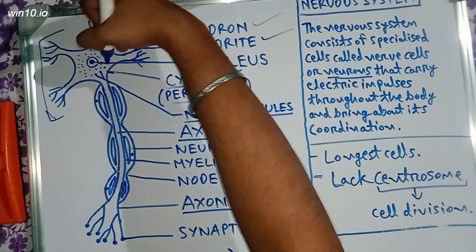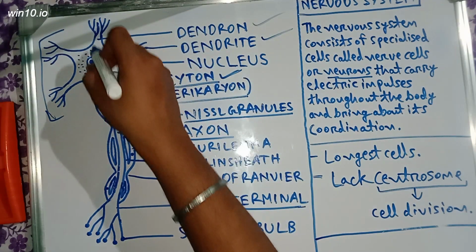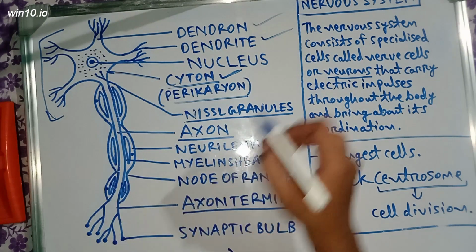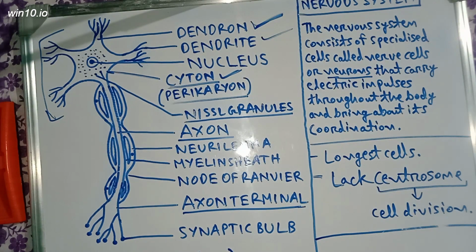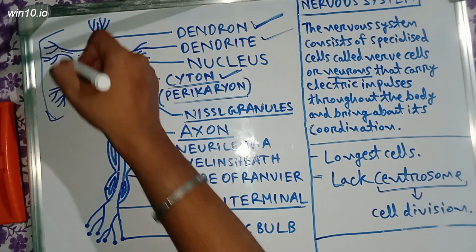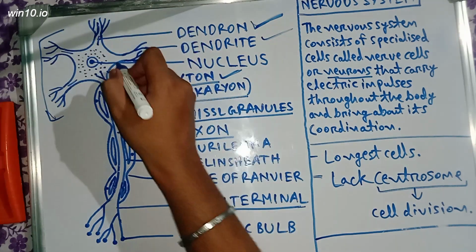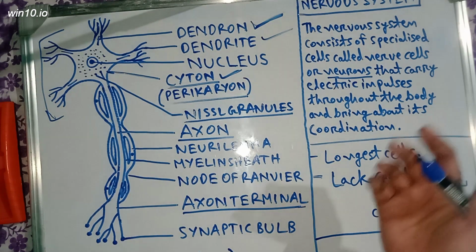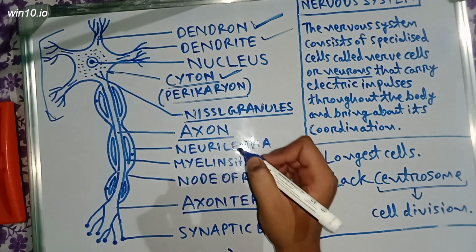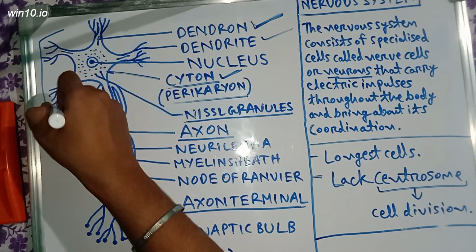From this central body, certain extensions can be seen, and these extensions are called as the dendrons. From these dendrons, even further fine root-like structures arise, which are termed as the dendrites.